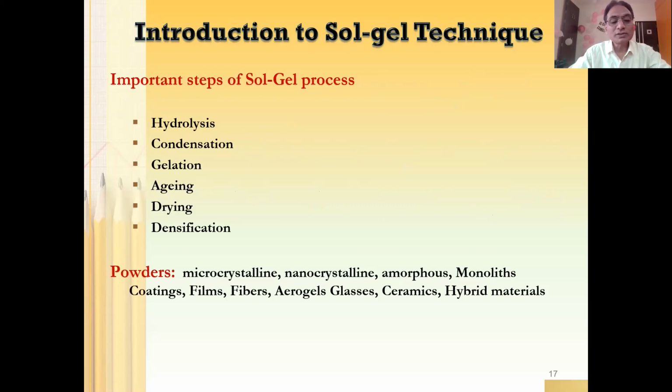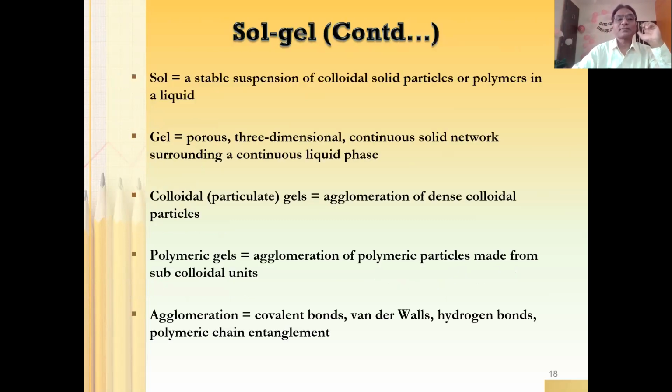The coating could be either film, fiber, aerogel, glasses, ceramic, or hybrid material. So usually hydrolysis, condensation, gelation, aging, drying, and densification are the important steps in the sol-gel technique.